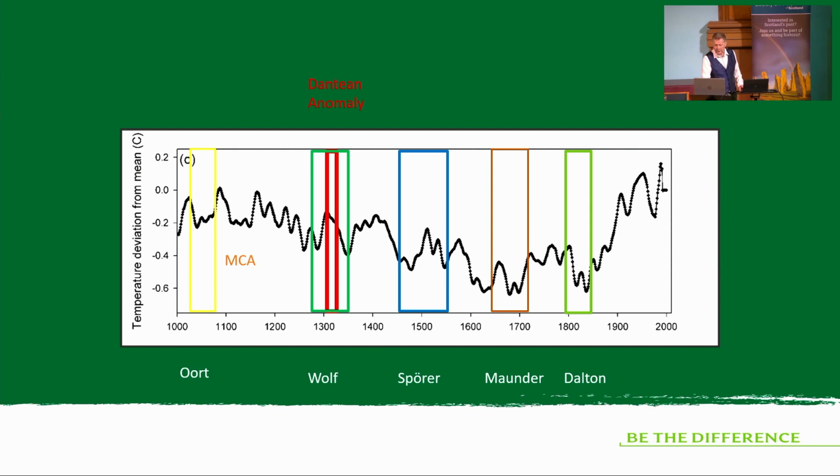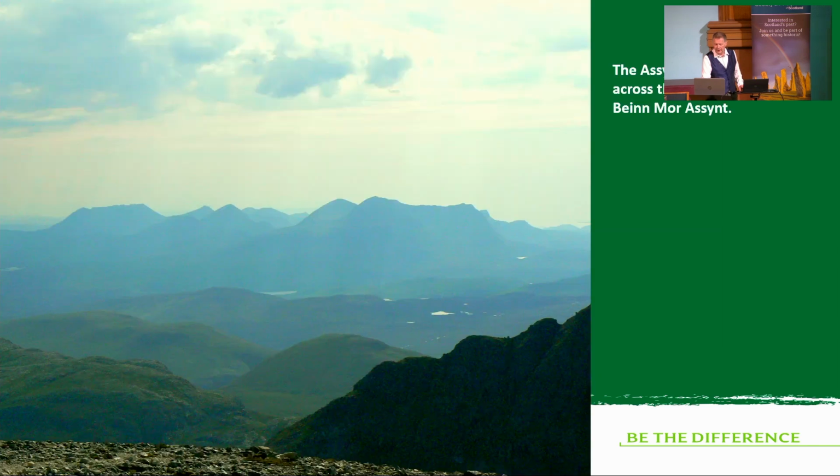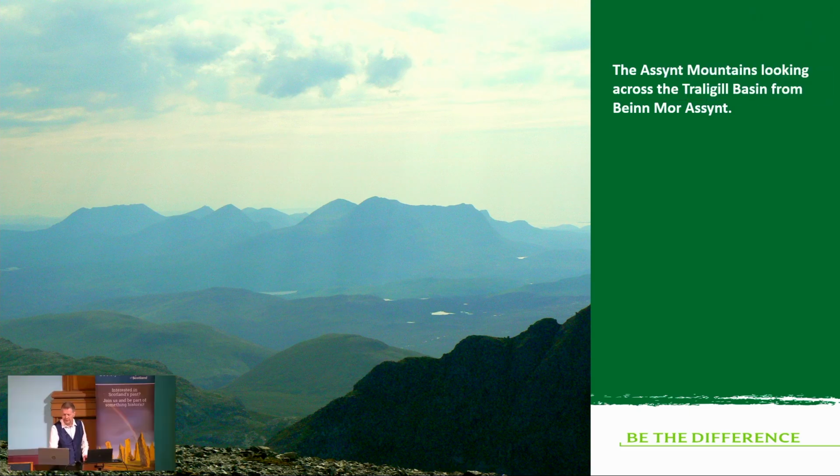The first of these proxies comes from Western Sutherland, in the record of the Uamh an Tartair caves in the Trallgill Basin in Assynt, where the growth rates of speleothems, stalagmites and stalactites, in the limestone caves reflect the annually deposited laminae of the speleothems, the levels of moisture percolating through from the peat overlying the subterranean system.